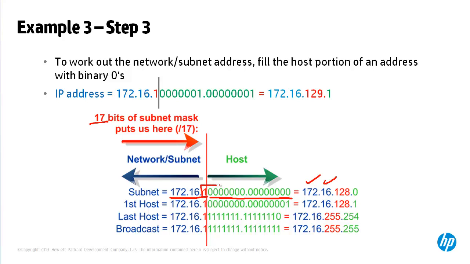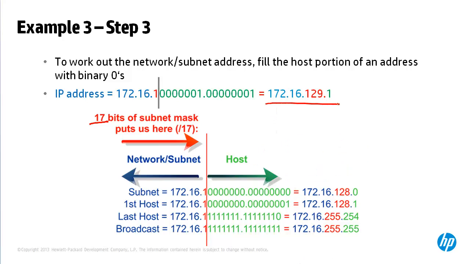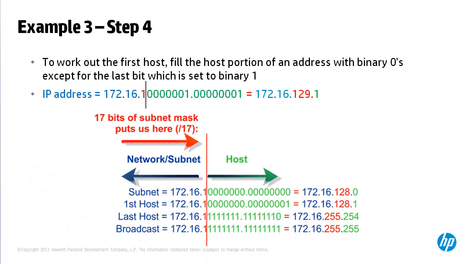The third octet in binary looks like this, which equals 128. Last octet equals 0. So the subnet address for 172.16.129.1 is 172.16.128.0.